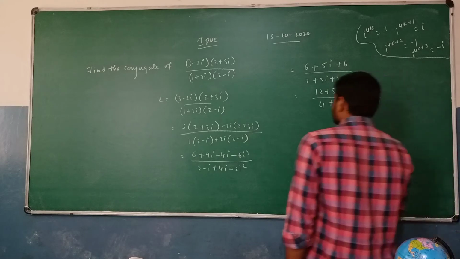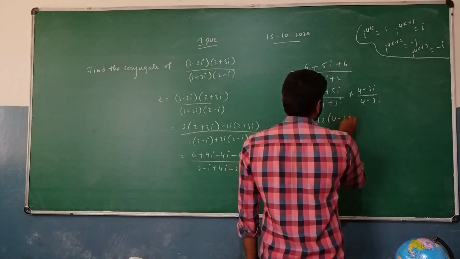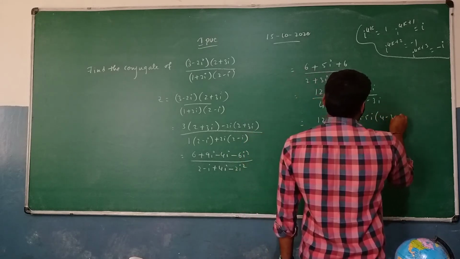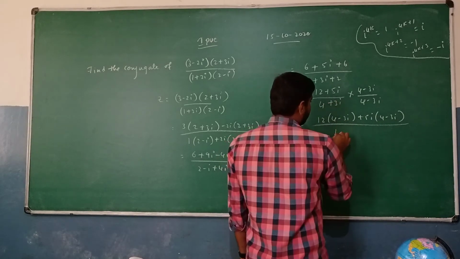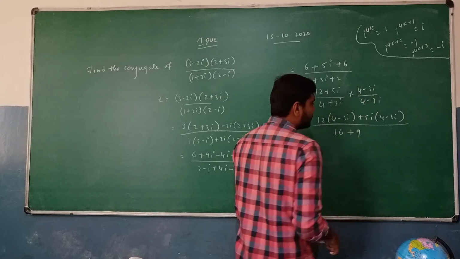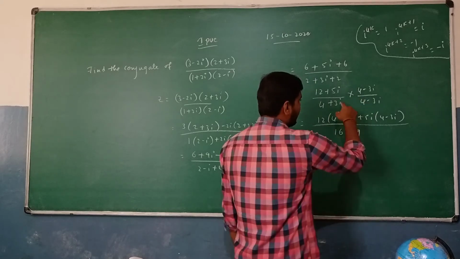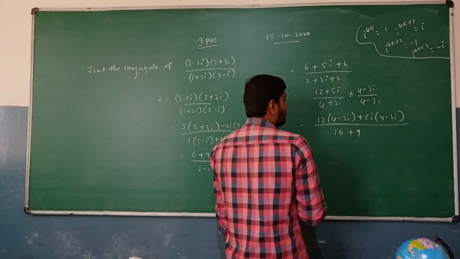So then it's going to be 12 into 4 minus 3i plus 5i into 4 minus 3i. In the denominator we can directly represent it as 4 square, that's going to be 16 plus 9, because 3i into 3i is minus 9, and i into i is minus 1, minus 1 into minus 9 is going to be plus.